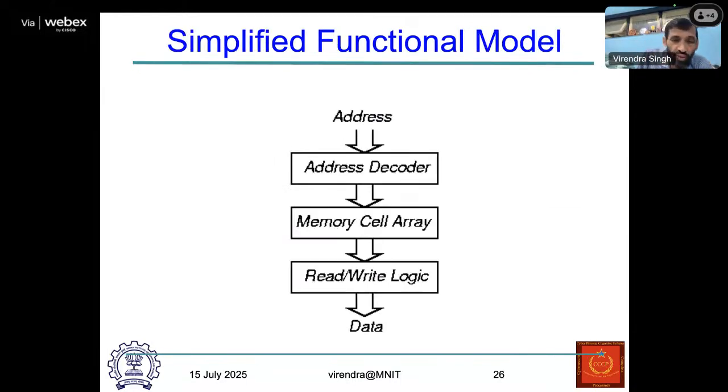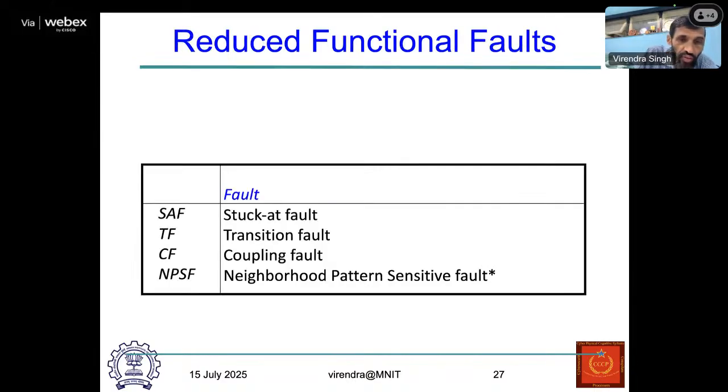Now in this model, functionally what can go wrong, those are the kinds of things that we have to abstract out. Now what can happen? A memory cell, like here a transistor net point or netlist, can be stuck to logic 0 or stuck to logic 1 due to different reasons.